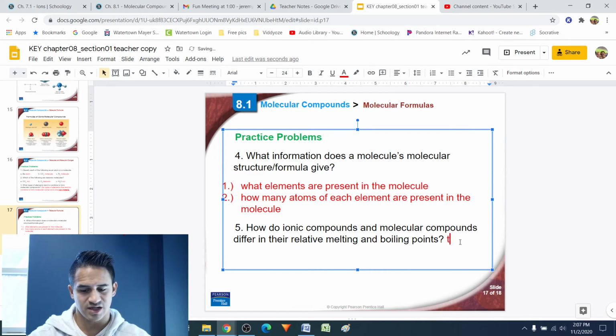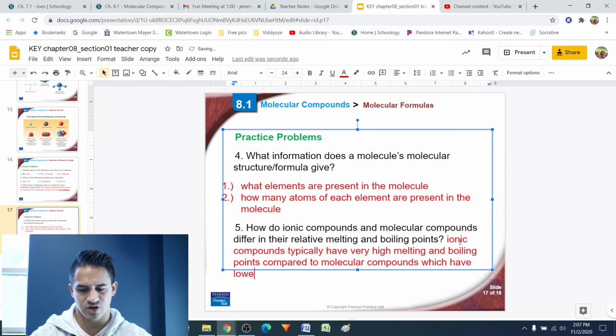So we can say that ionic compounds typically have very high melting and boiling points compared to molecular compounds, which have lower melting and boiling points.